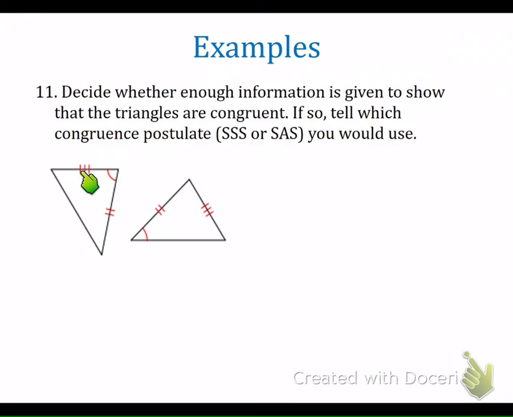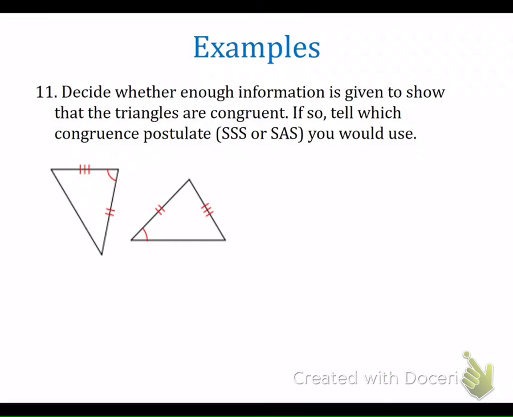Okay, for SSS, I would have to know some information about the third side, so SSS is automatically out. For SAS, I'm actually going to go up there and trace it, though my iPad only gives me one pointer. So I'm going to point to something.